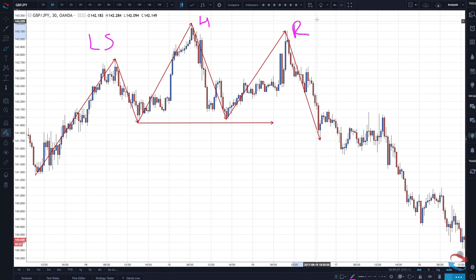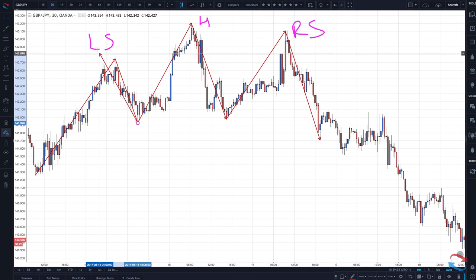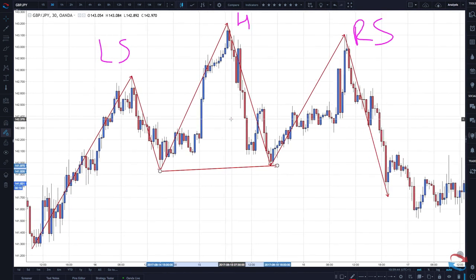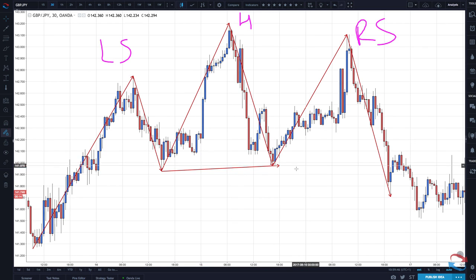So we have the right shoulder. Now this is the neckline, which connects the left shoulder's low, and then, if we zoom in a bit more, we'd have the head's low, and what traders will do is connect those two lows.